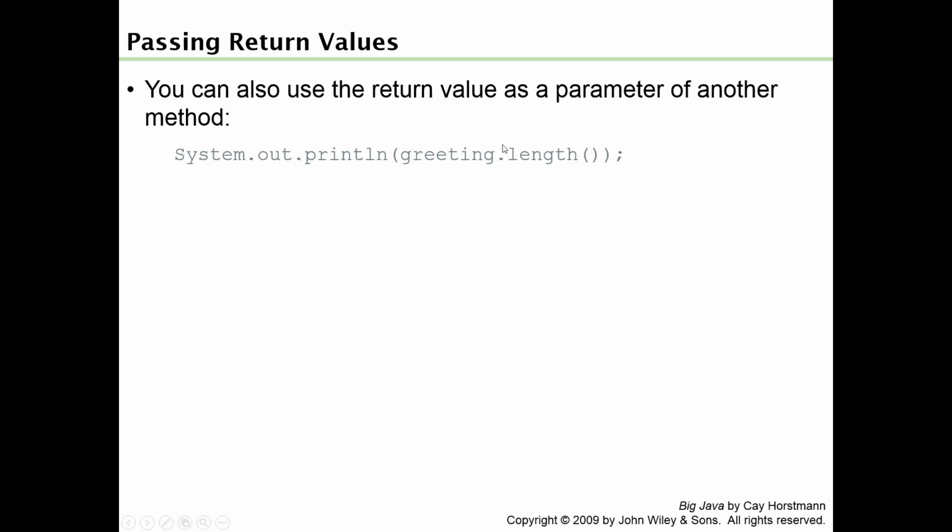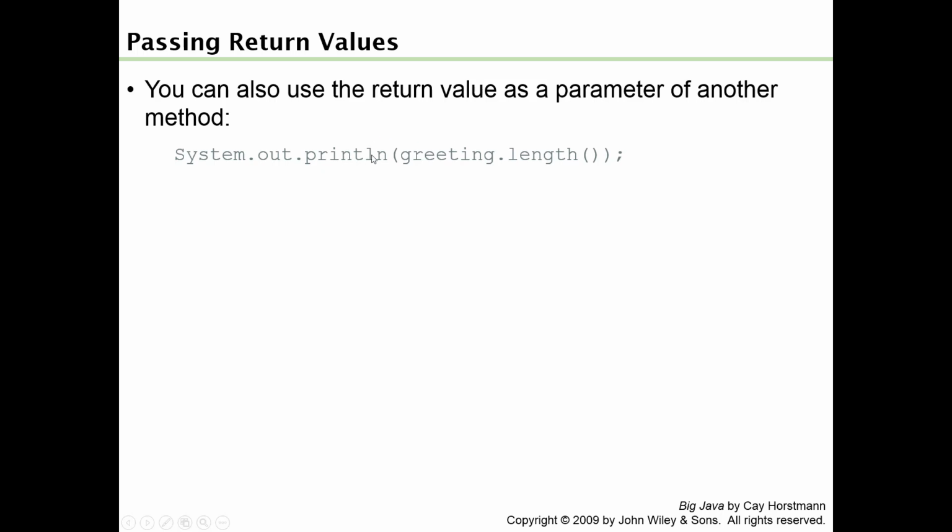In the place where you normally have a number or a string, you can put a call to a method, as long as that method returns a value and the println method can print out values of that type.